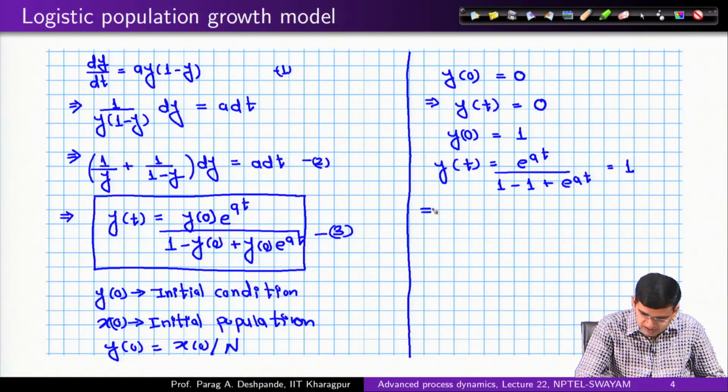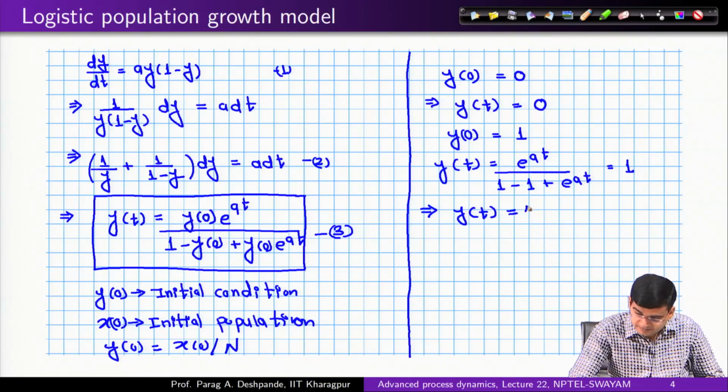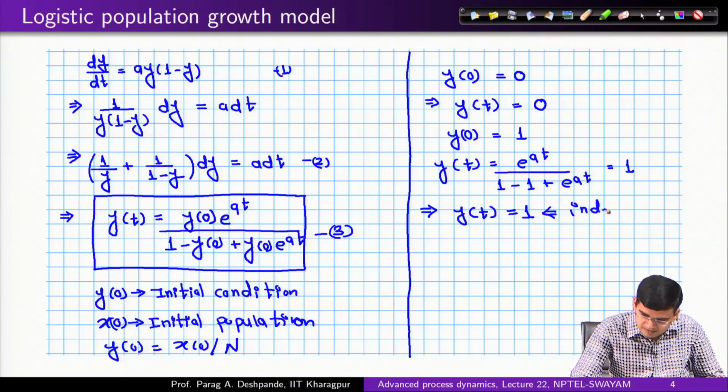So, what do I understand from here? Y of t is equal to 1, and this is independent of time.